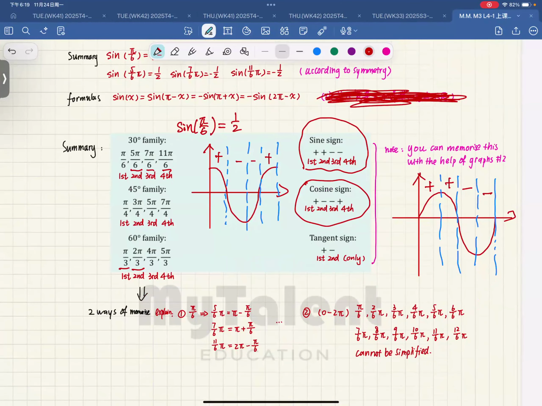The hint is: why not 3? That's the hint. Remember that question we did before?